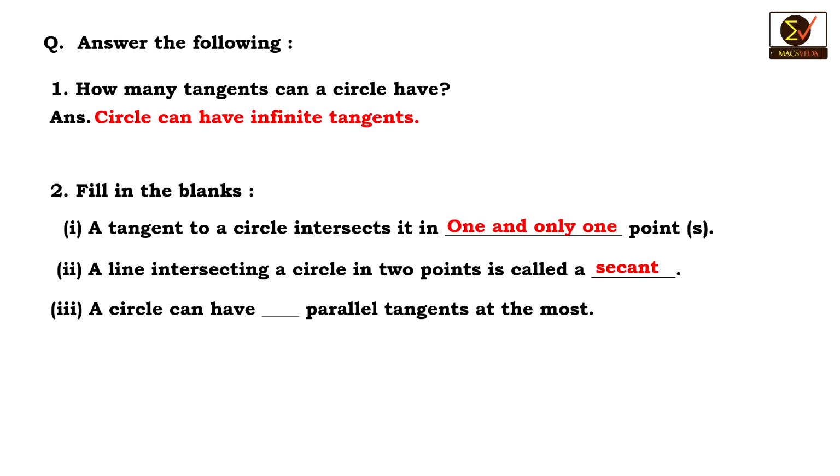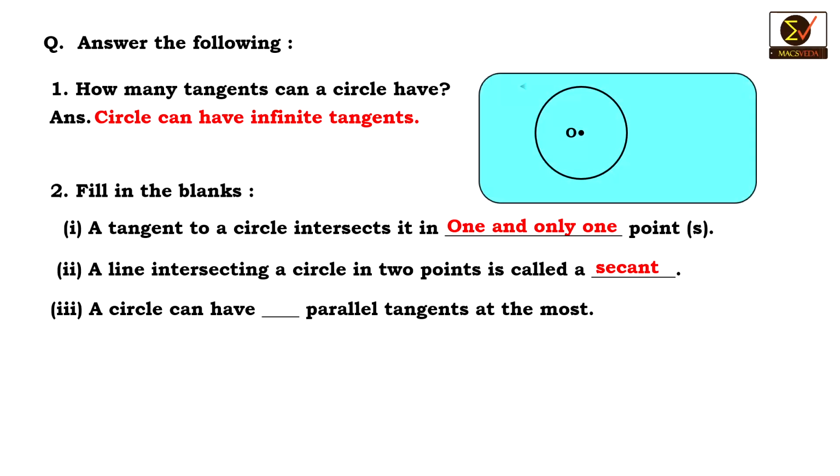A circle can have how many parallel tangents? So this is a tangent. You want another tangent which is parallel to this, and that is only one possible. So we can have two parallel tangents at the most.